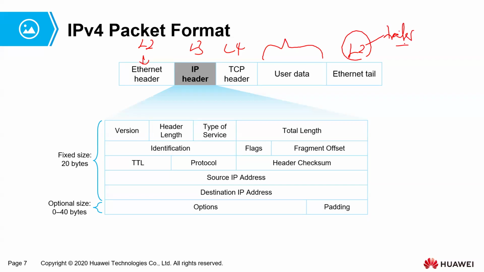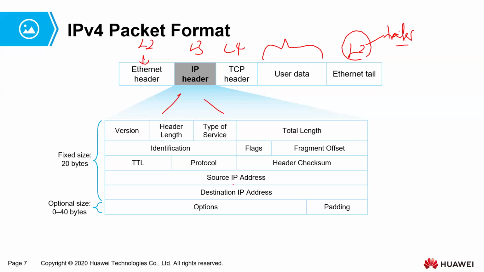So when we are saying we're adding extra information, what information are we adding? Overall, we are adding a header, but in a header there are a number of fields. As you can see, the IP header translates into version, header length, total length, identification, and various other fields.